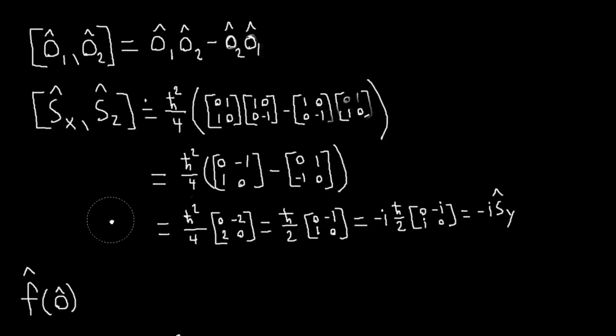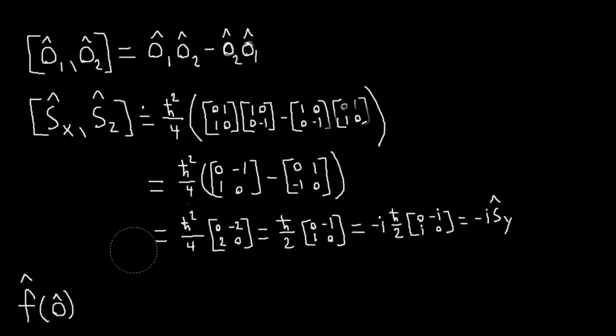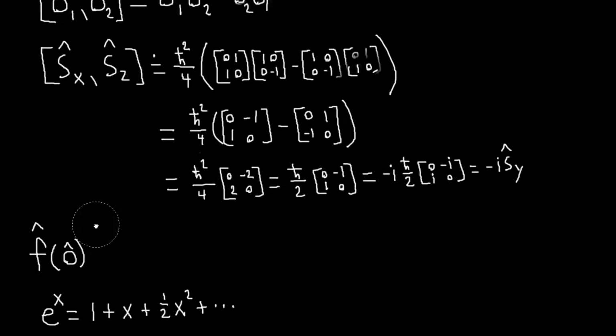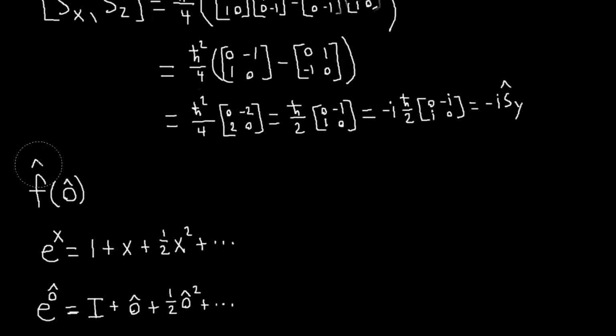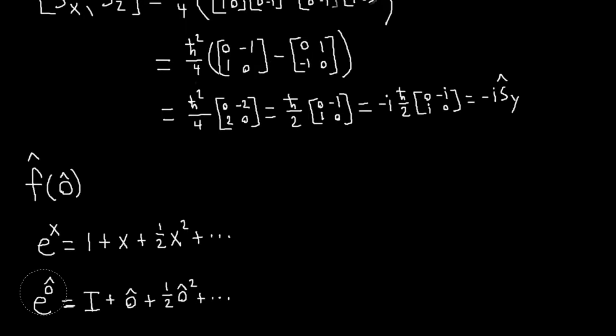Another thing we can do is have functions of operators. Those are defined in terms of the Taylor expansion of the function. For example, if I had e to the O, where O is an operator, I would work out what that is by using the Taylor expansion of the function e to the x. The Taylor expansion of e to the x is just 1 plus x plus 1/2 x squared plus so on, an infinite number of terms.